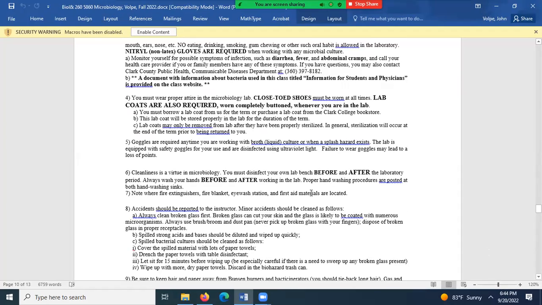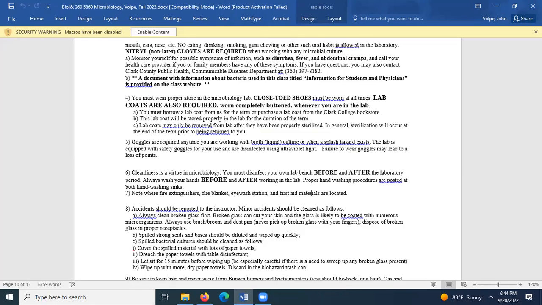What you do before you begin the lab is you clean your lab bench with disinfectant. It's to remove all microbes from the area you work in, not only to clean it from perhaps the previous person who may have spilled bacteria and then never wiped it up, but also to decrease the contamination around you.